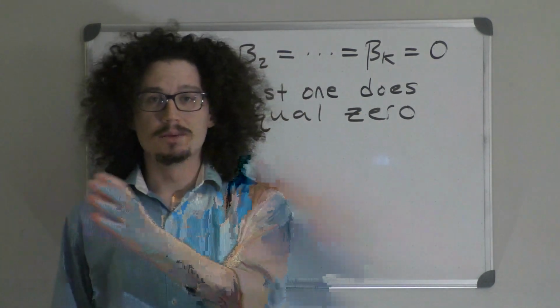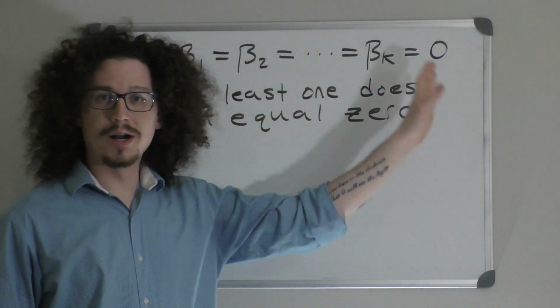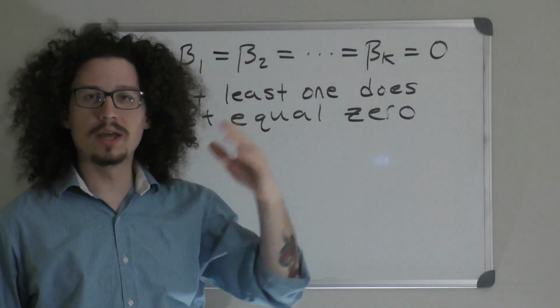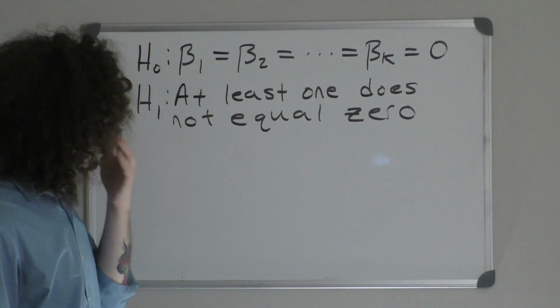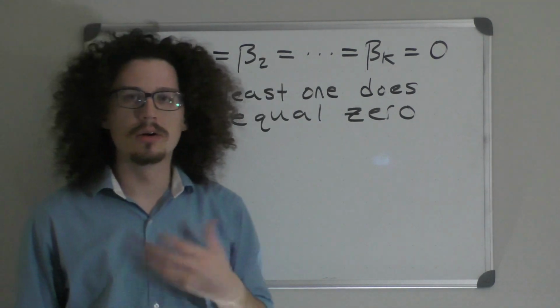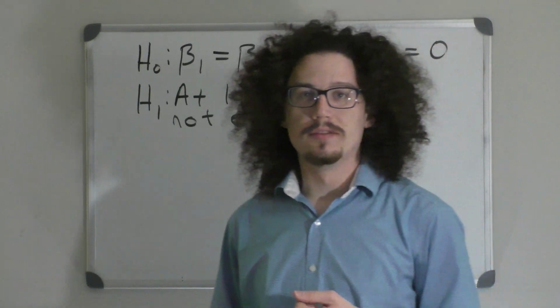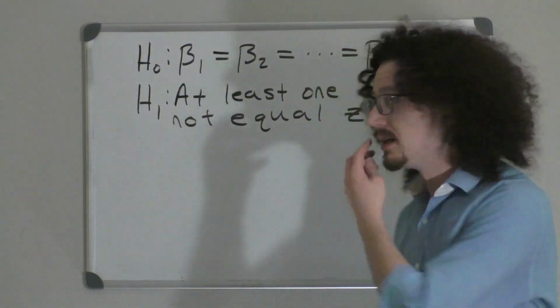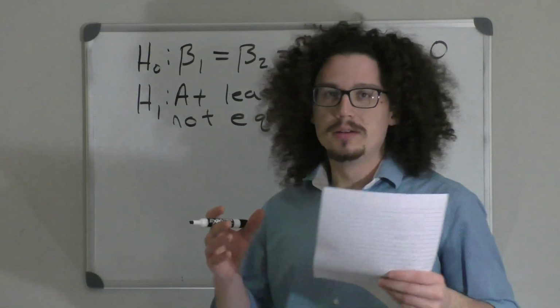When we were doing ANOVA, we were looking at the difference between the means, and seeing if those means were all equal to one another. Right here, we've got all of our betas, beta 1 through k, they're all equal, and then they're all equal to 0. Then our alternative hypothesis, at least 1 does not equal 0. That's very similar to at least 1 is different, which was our alternative hypothesis for the ANOVA tests.